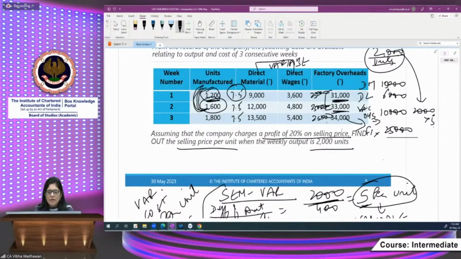So can anybody tell me the total cost, please? Total cost. So total cost, keep on calculating the per unit also. It's always better to calculate per unit also. So total cost, can anybody tell me the total cost, please?